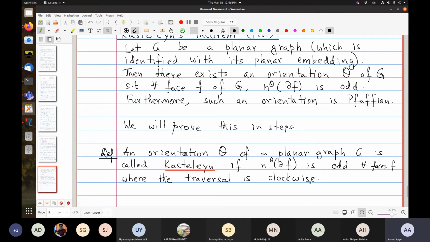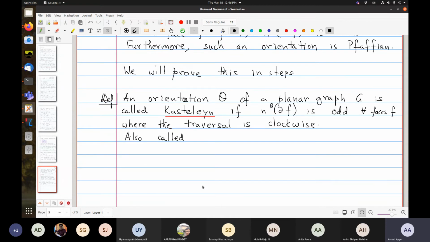So this is called the clockwise odd property. There's nothing sacrosanct about clockwise; you could have done anti-clockwise or counterclockwise, but you fix that concept.